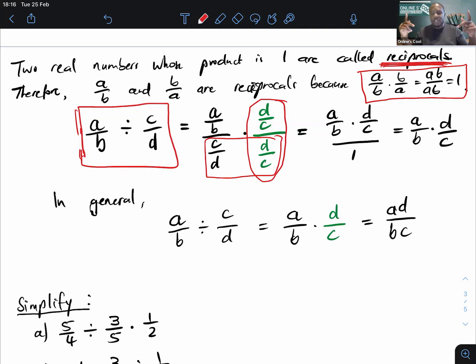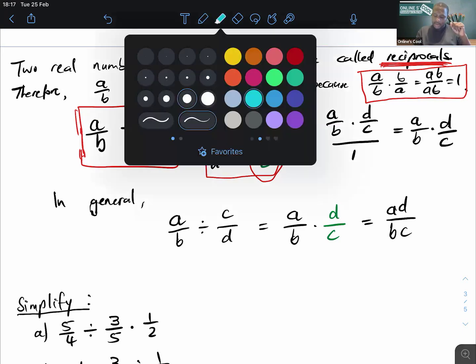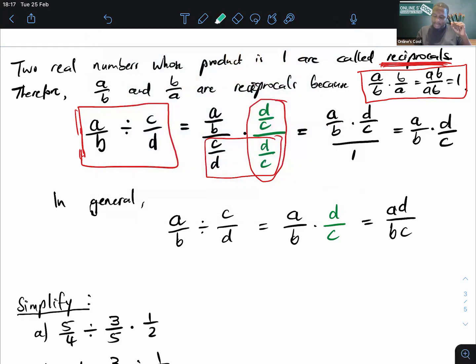Reciprocal is the opposite, so it's D over C. I multiply by D over C divided by D over C. Because this D over C and D over C is similar, it's still going to be 1, because any real number divided by itself is 1. So this real number in this case is D over C.